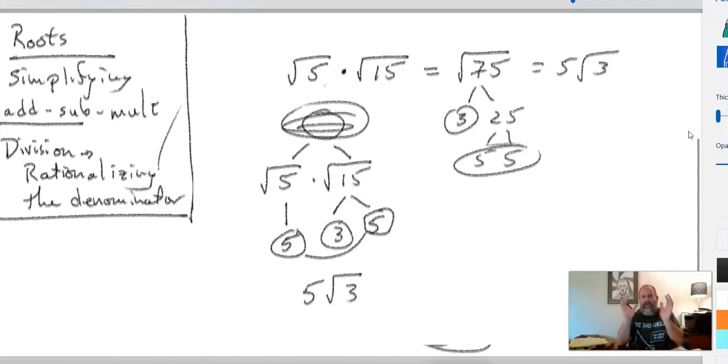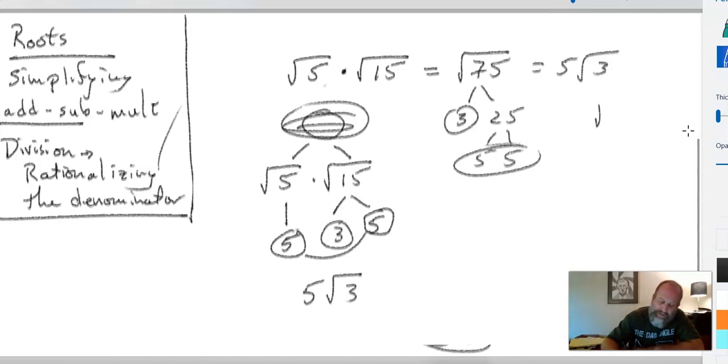When you're multiplying two radicals right next to each other like that, you can actually just pretend that's the first branch on the factor tree and go through and factor it out. Or if you want to, you can multiply the radicands out and just factor what's left over.